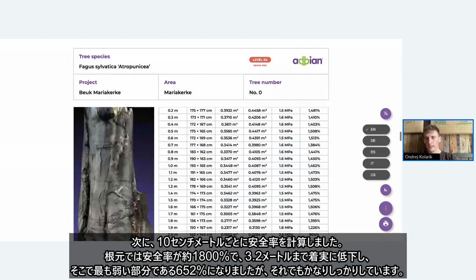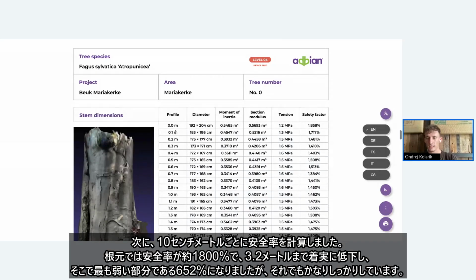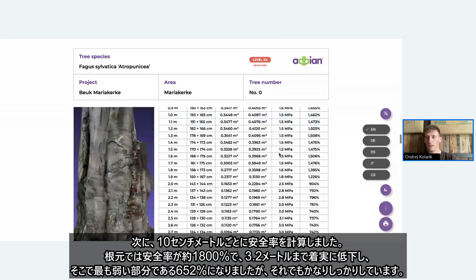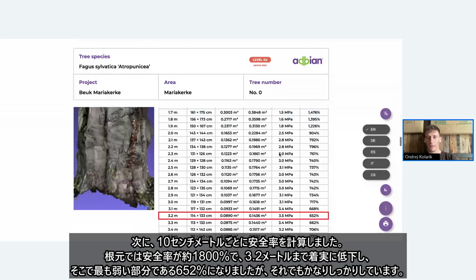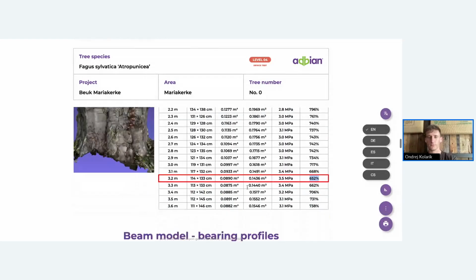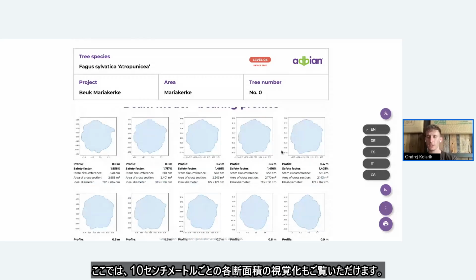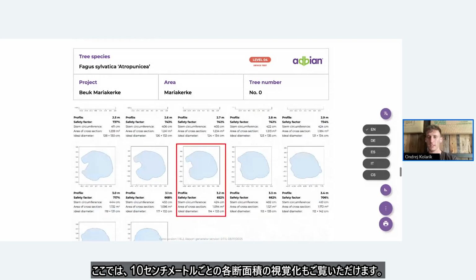And then we calculated the safety factor every 10 centimeters. So as you can see, at the base the safety factor was around 1,800, and it was constantly dropping up to 3.2 meters, where was the weakest spot, 652%, still pretty solid. Here you can see also a visualization of each cross-section every 10 centimeters.